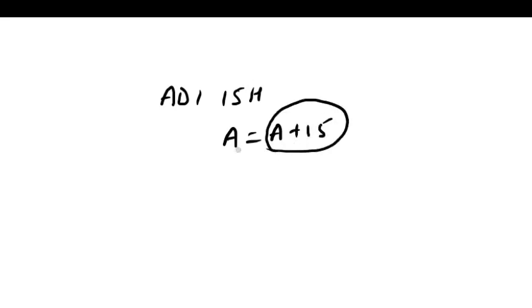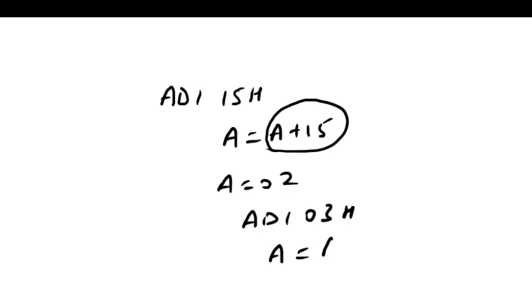If I write ADI 15H, it means A equals A plus 15H, and this result is stored in A. Suppose A contains 02, and I write ADI 03H. This will result in A equals A plus 03. So A is 2 and this will give 5. So A will become 5.